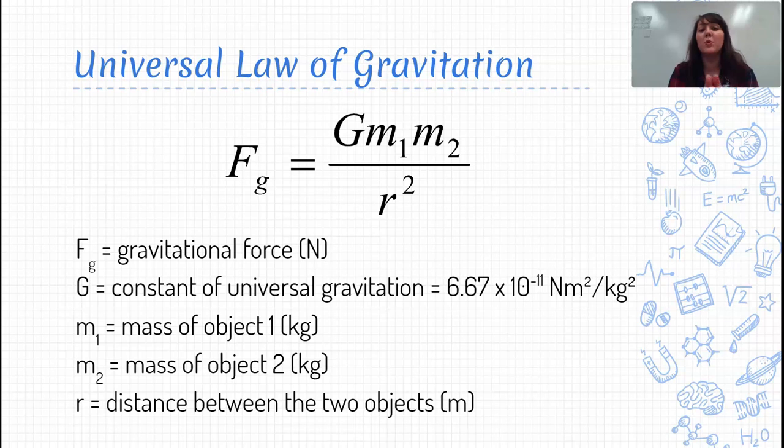And so we see both masses showing up in the numerator of that equation. Now again, gravitational force has an inverse square relationship with distance, and therefore we see the distance between our two objects showing up in the denominator of this equation and being squared. Now if you just do the two masses multiplied by each other and then divide by the distance between them squared, that doesn't actually end up giving us the force inherently.